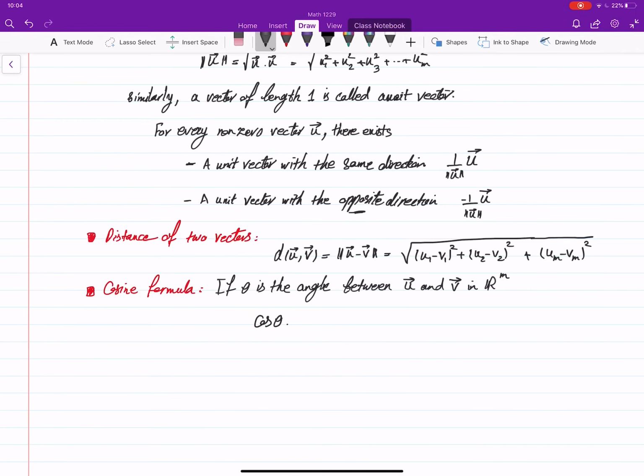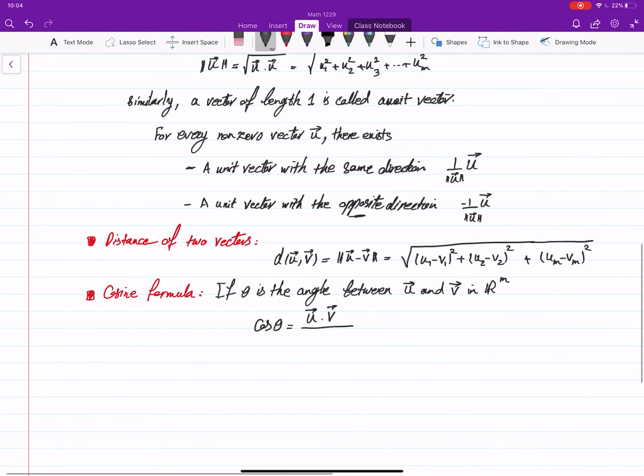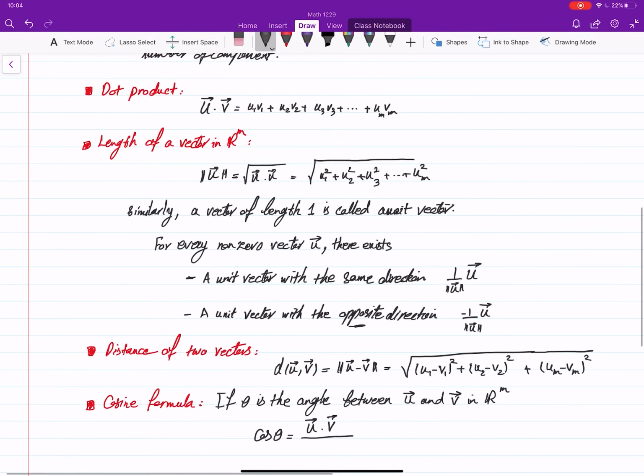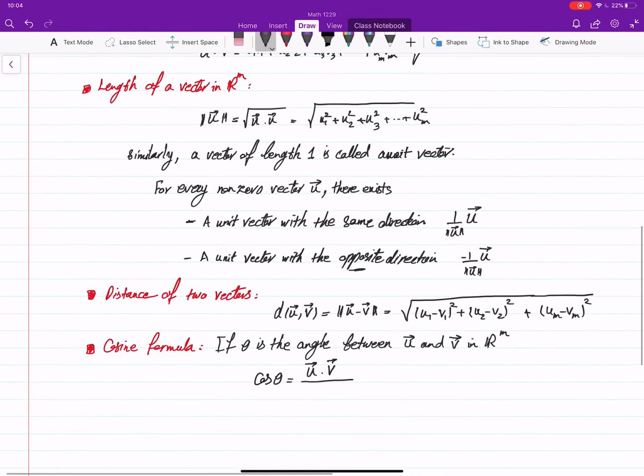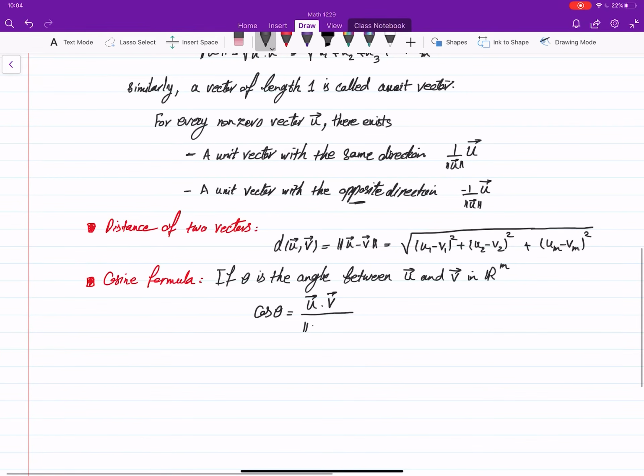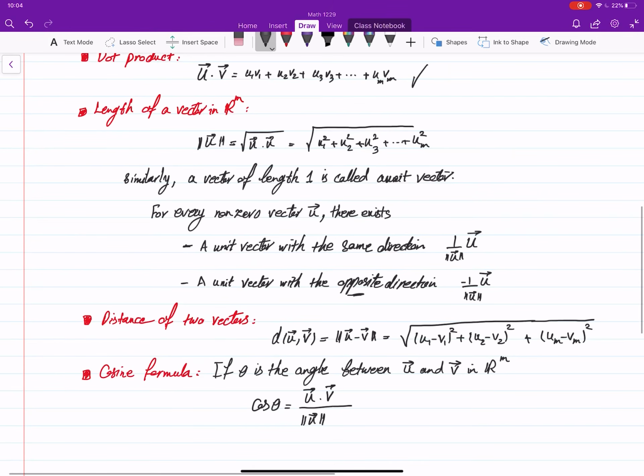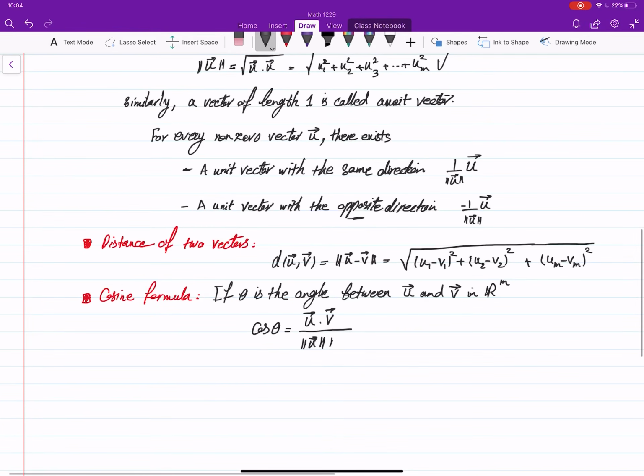Cosine of theta is u dot v, using the definition of the dot product for M components, divided by the length of u, using the length formula, and then divided by the length of v. This is exactly the same formula, but the computations are done for vectors with M components.